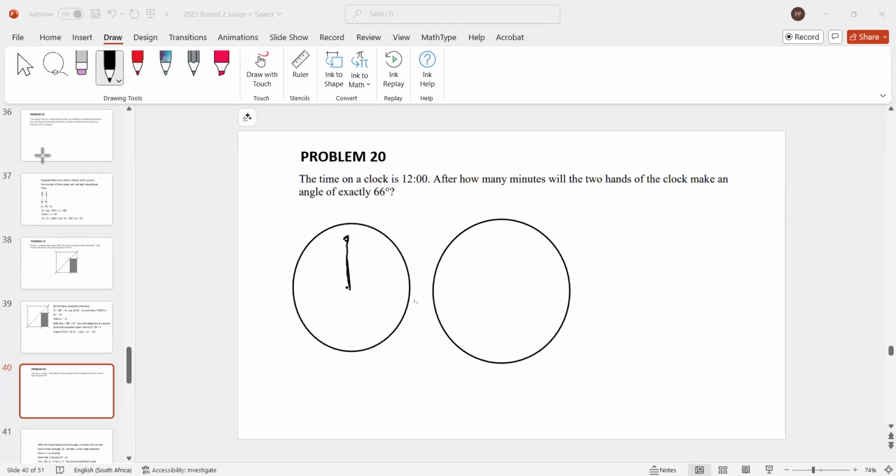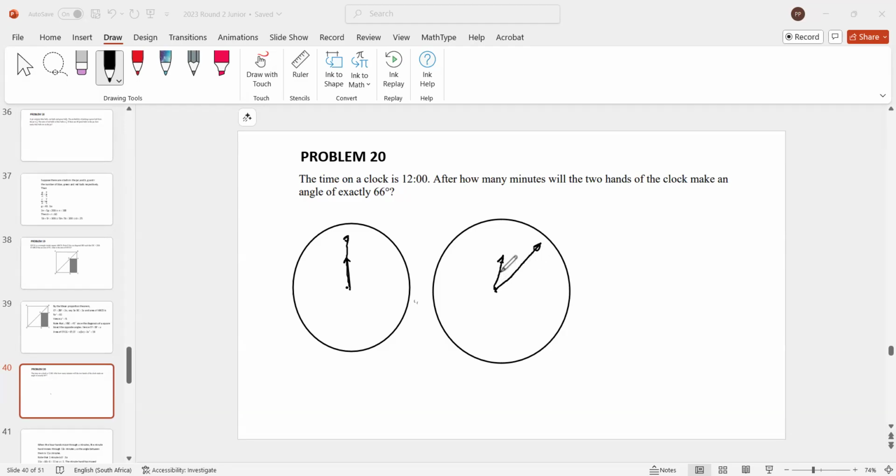And that's at 12 o'clock. And then after a certain time, the hour hand moves, right? And the minute hand moves, and the minute hand moves faster than the hour hand. So the hour hand is here somewhere maybe, and the minute hand is dragging along.